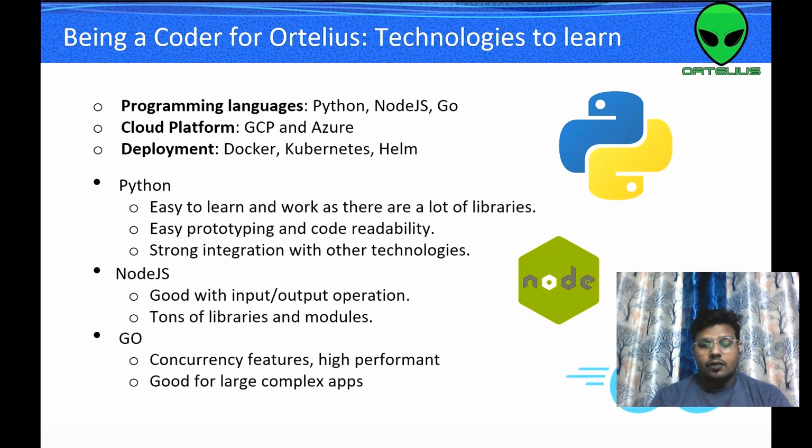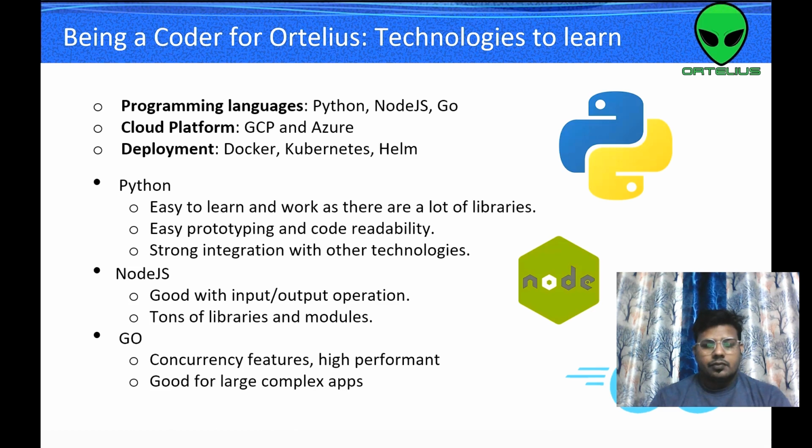It has a lot of libraries that we can leverage. The code readability and creating your proofs of concept using Python is very easy. And Python also has strong integration with our other technologies, and we can leverage that part.